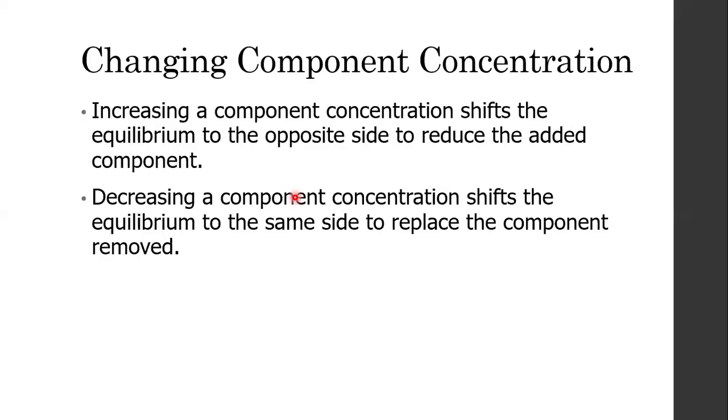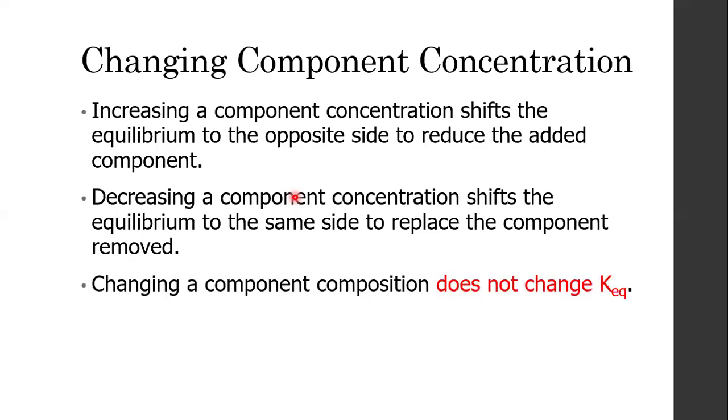Second, when we decrease a component concentration, the equilibrium shifts to the same side where there was a decrease in amount, to replace the component removed. And it's very important to highlight that when we change the concentration of a component, that does not change the equilibrium constant.